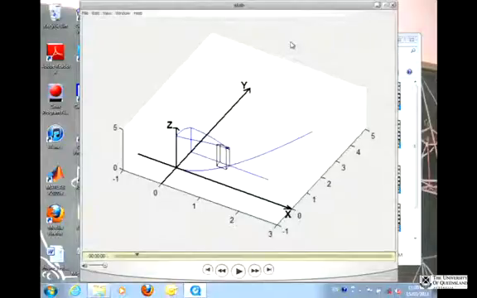In this example, the representative point in each subinterval I chose was the midpoint. So I evaluated the function, 4 minus x squared minus y squared, at that midpoint in each subinterval, and defined the top of the slab to have equation z equals some constant minus y squared. Those are the 4 slabs.